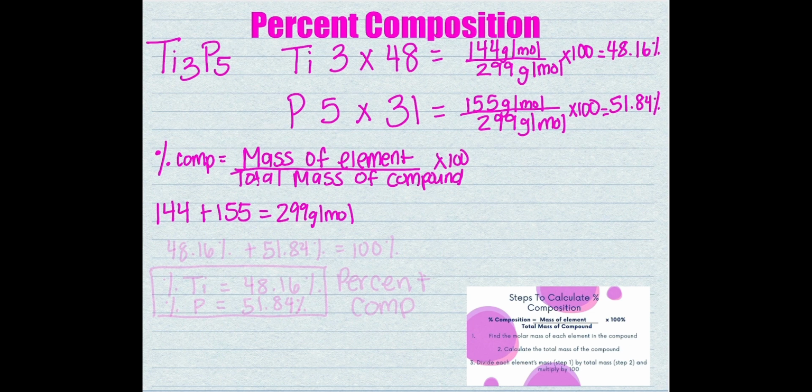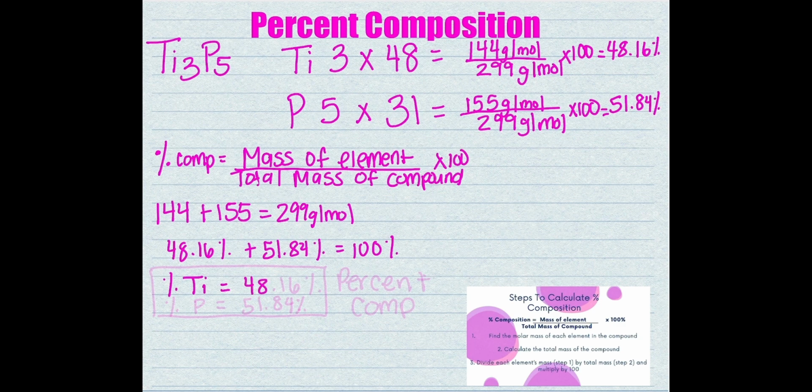Just to check my work, I'm going to add 48.16% plus 51.84%, which when I add those up gives me 100%. This lets me know that I am in the right ballpark and I used the right numbers for my percent composition.